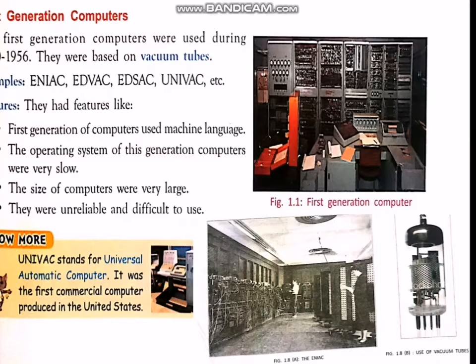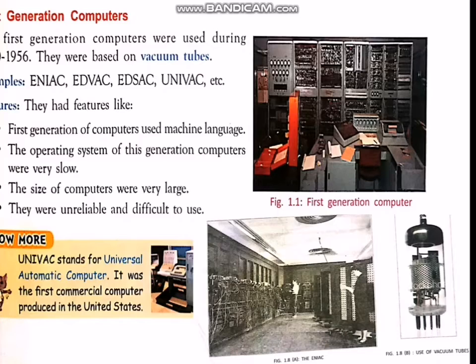Now we see the features of the first generation computers. The first generation of computers used machine language. Machine language means machine codes. It is different for different machines. Next, the operating speed of these generation computers was very slow, and the sizes were also very large.